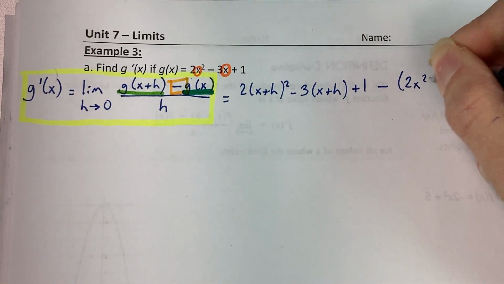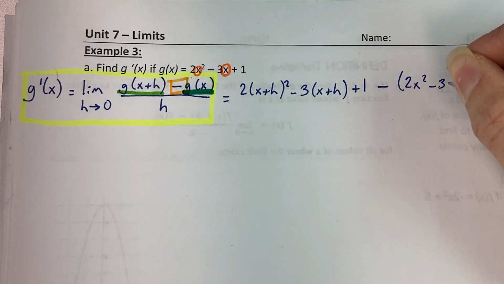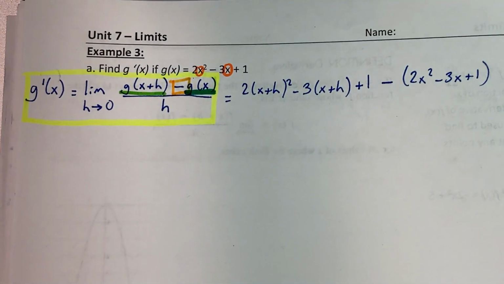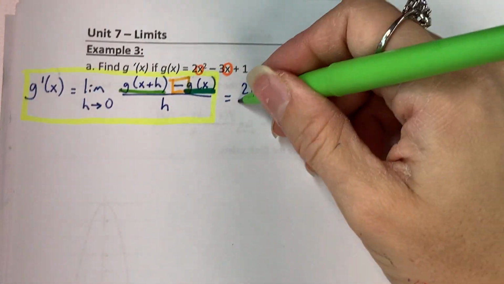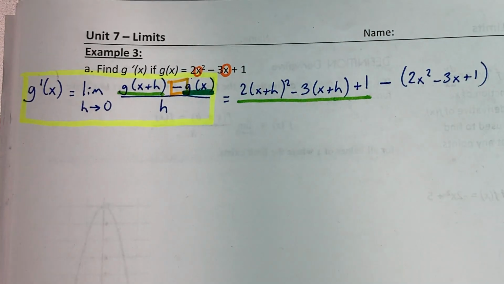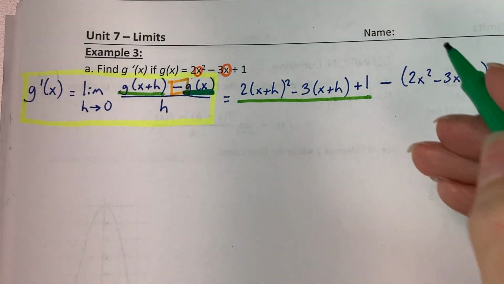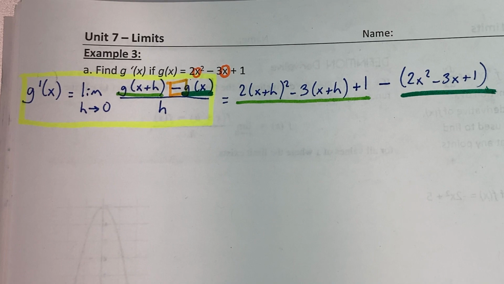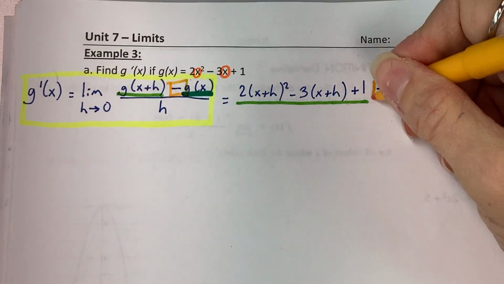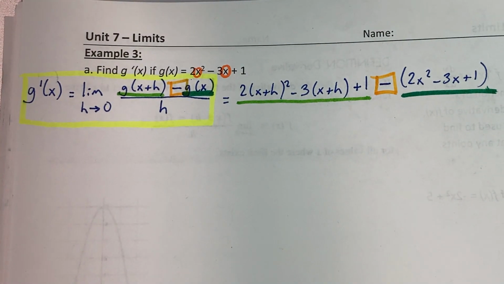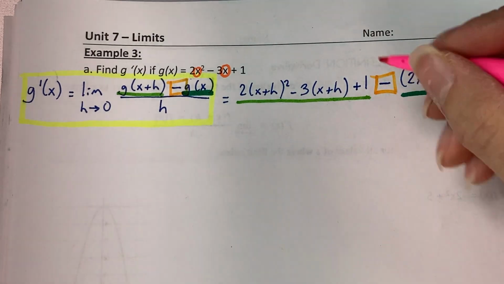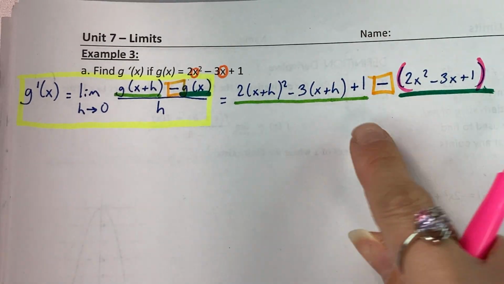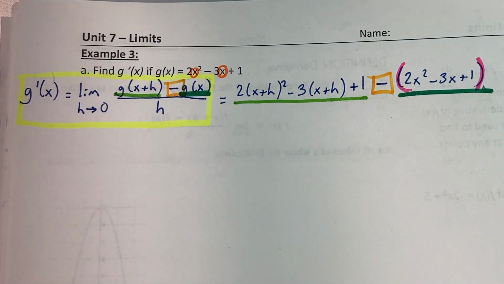Don't forget your parentheses there. 2x squared minus 3x plus 1. So there's g of x plus h, there's g of x, there's my subtraction sign, kind of my anchor point between the two, and make sure you've got that g of x part enclosed in parentheses so that I can distribute the negative to everybody.